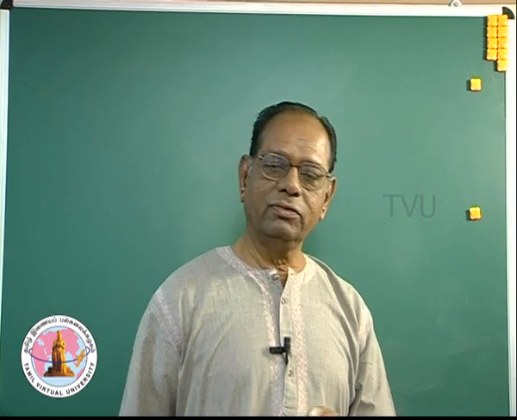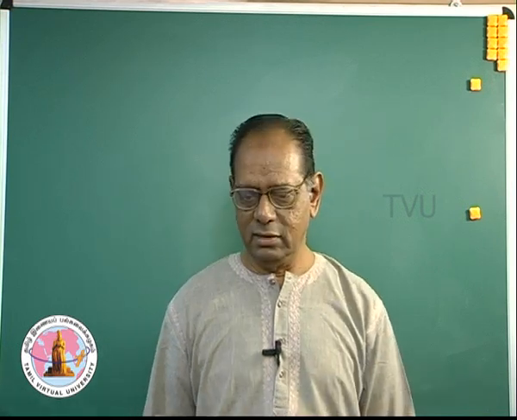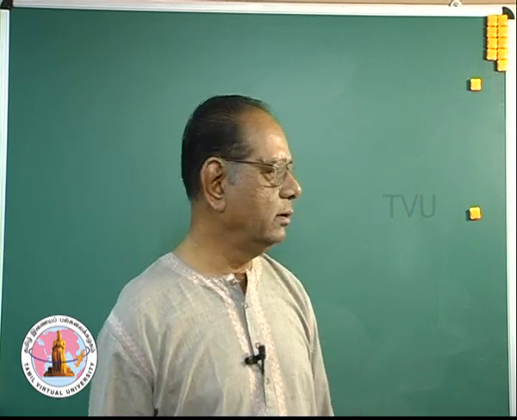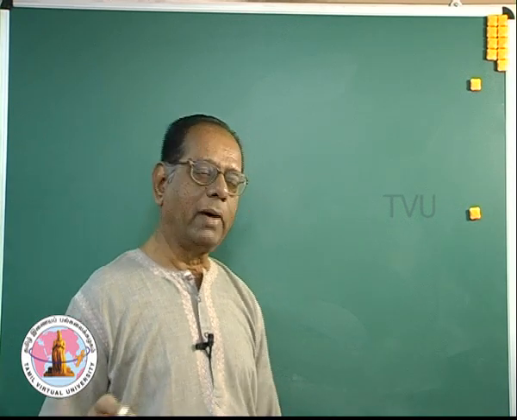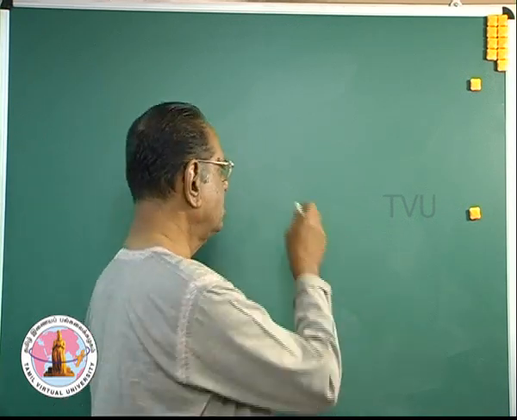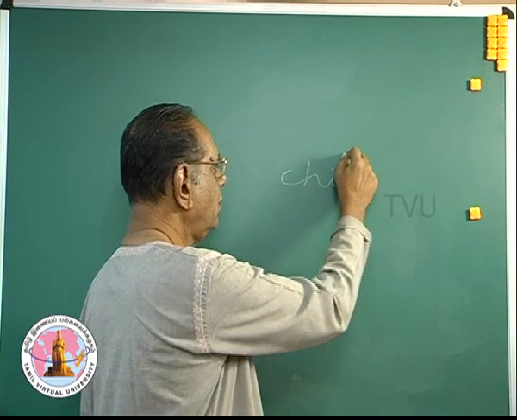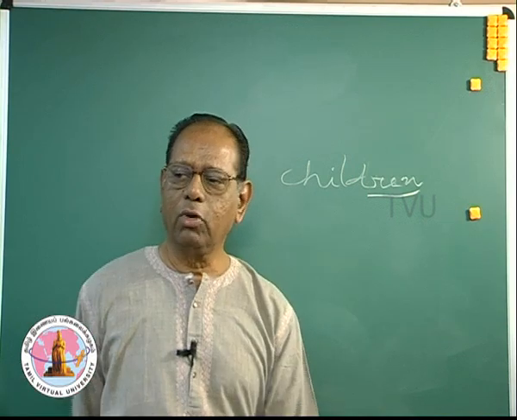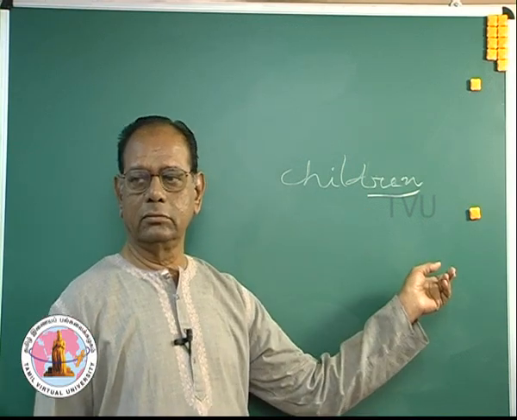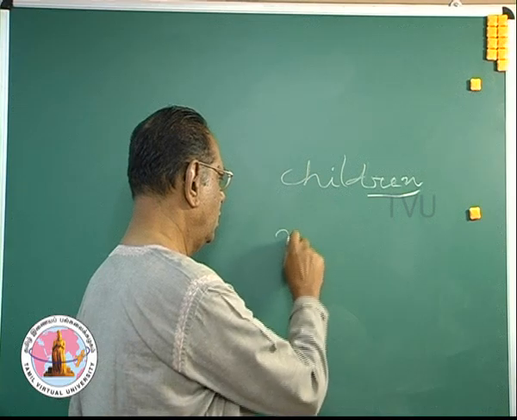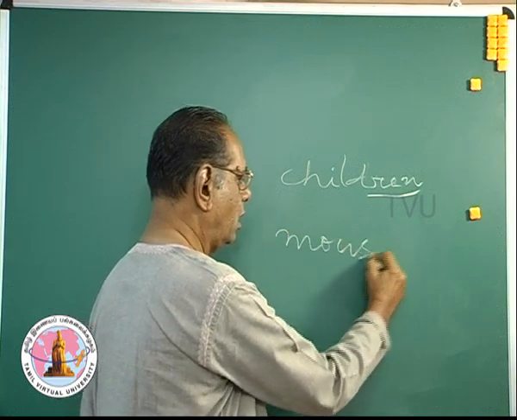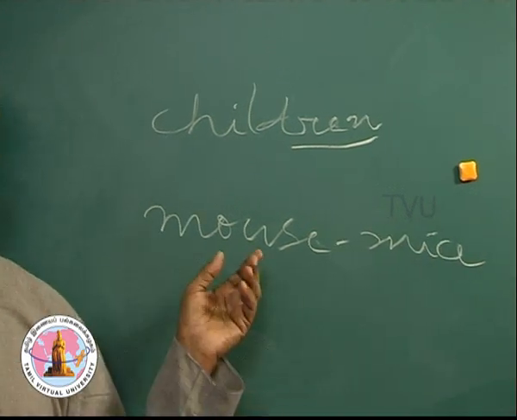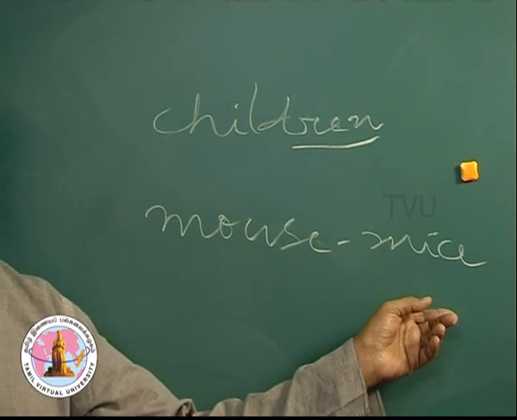The common method of adding s or es is employed to bring out a plural number, or in some cases there will be a deviation in plural like children, and another entirely different word, mouse becoming mice.